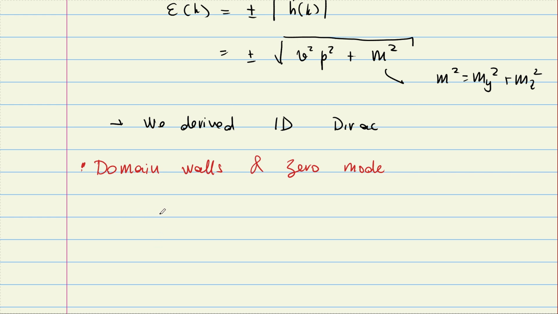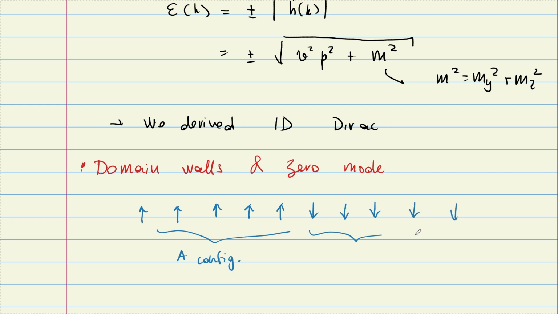Suppose I start with the A configuration, and let me use up for the A configuration. So this is up, up, up, up, up. This is the A configuration. And at some point in the middle, I can mess up, I can make an error, and from here on, I do down, down, down.